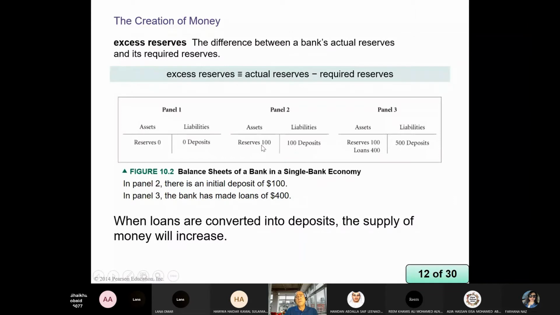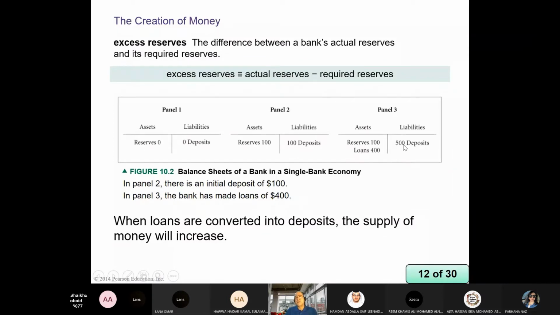So always the balance sheet should be balanced. And then because we have excess reserve of 80, the bank gave a loan to somebody of 80. This guy deposits 80 dirhams as a new deposit, and then the bank gave more loans till we reach this equation.